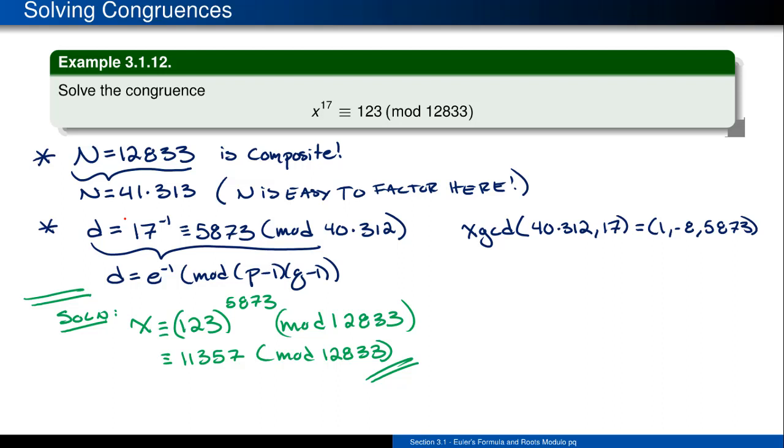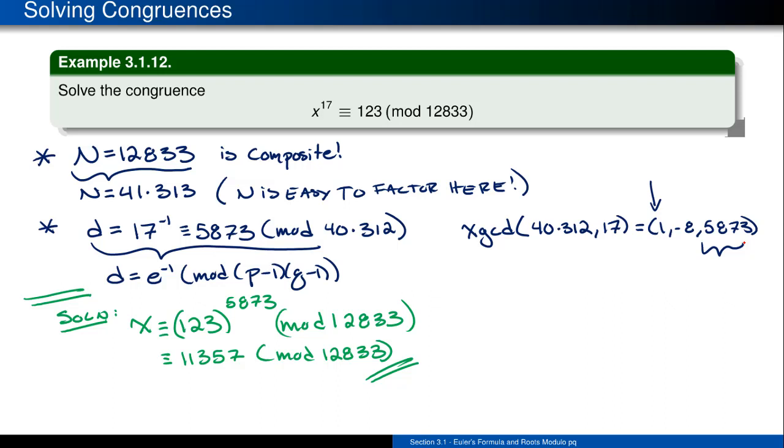If I compute this thing, remember that this first cell is going to tell me what the GCD actually is. So I know that 17 is actually an invertible element, and I do in fact know what its inverse happens to be. So 17's inverse modulo 40 times 312 actually kicks out the answer of 5873.